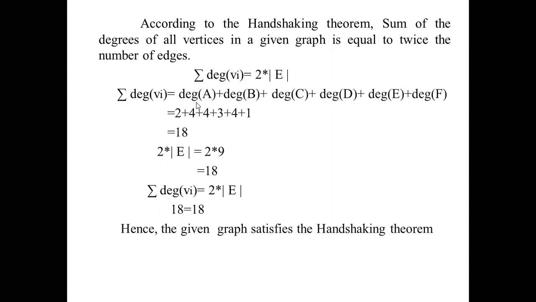We consider LHS here: degree of A plus degree of B plus degree of C plus degree of D plus degree of E plus degree of F. So 2 plus 4 plus 4 plus 3 plus 4 plus 1 is equal to 18, and RHS value 2 into number of edges, 2 into 9, is equal to 18. So LHS is equal to RHS. Hence the given graph satisfies the handshaking property. Okay?